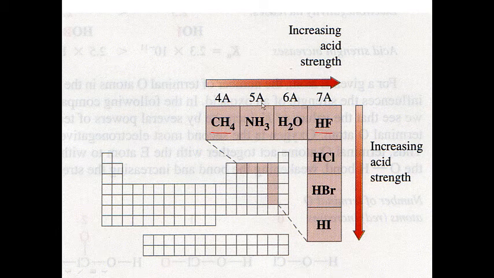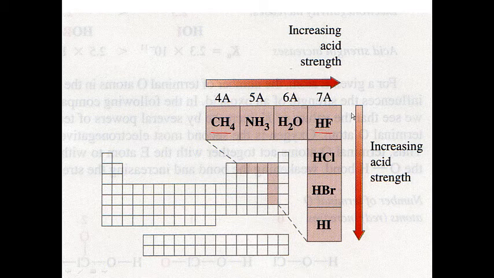So when we go across the periodic table from left to right, acid strength increases. And I just point out that HF is considered to be a weak acid because it partially dissociates in water, but it dissociates far more than water does, and infinitely more than NH3 and CH4. So the general trend going across the periodic table from left to right is increasing acidity.